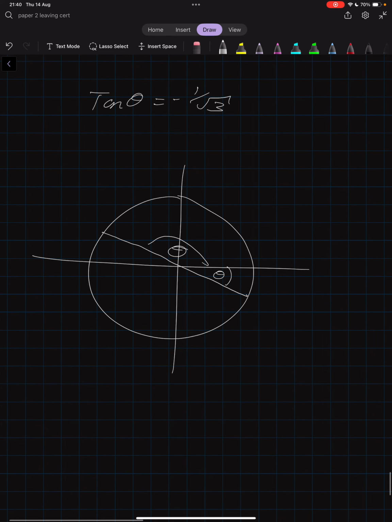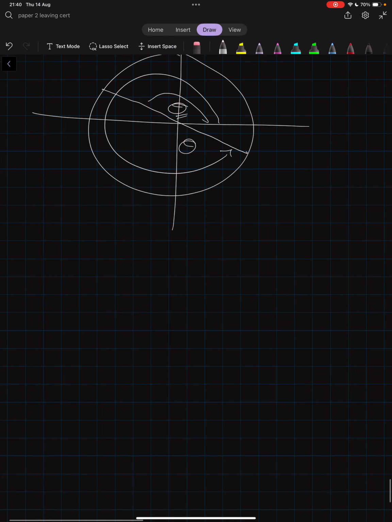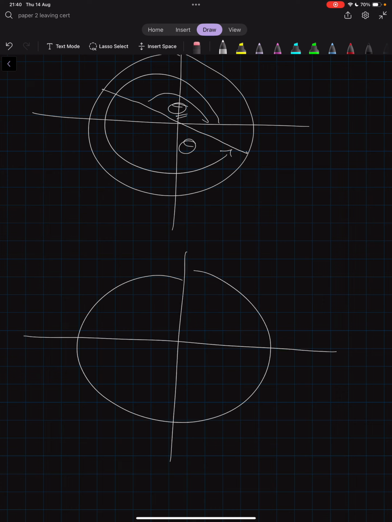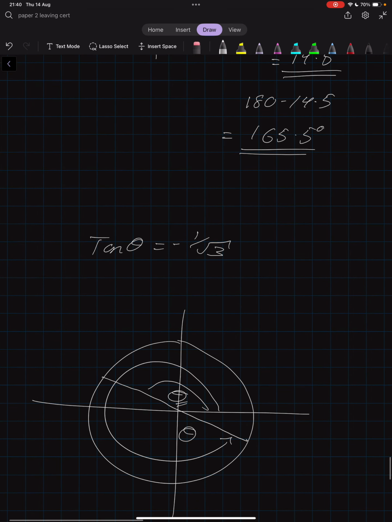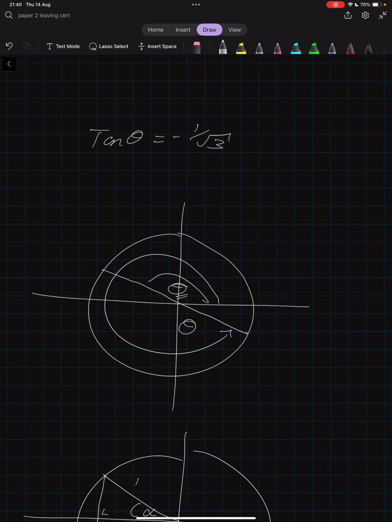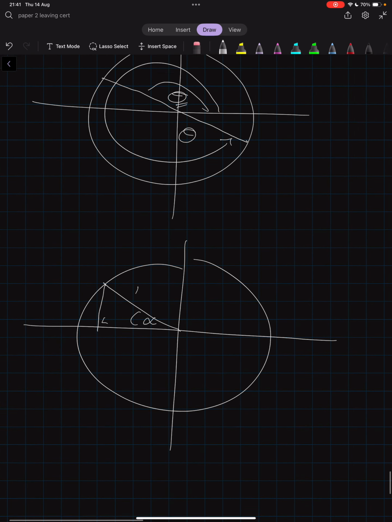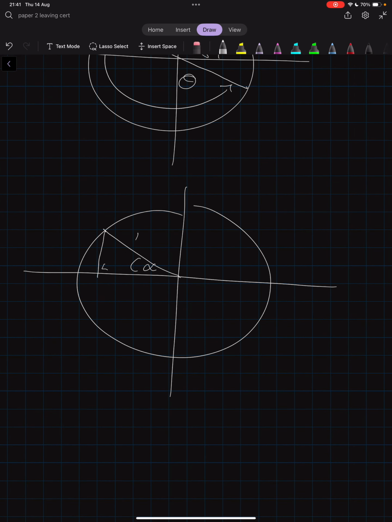Well, sorry, this isn't theta, it's this, which is just 180 plus this one. I'm just going to redraw it to make it a little bit nicer. If we just work on alpha here, this is again 1. This is a right angle. It's 1 over root 3, so tan is minus 1 over root 3.